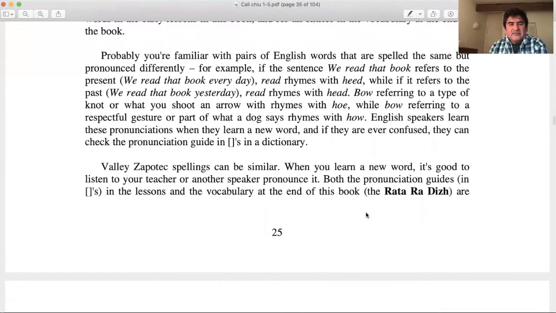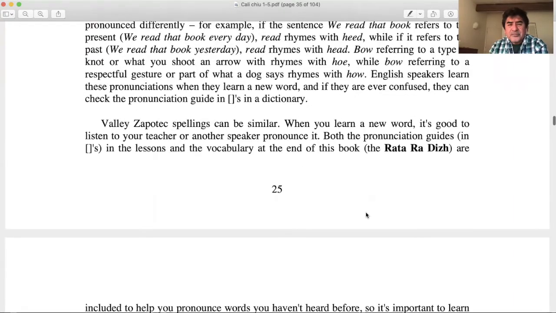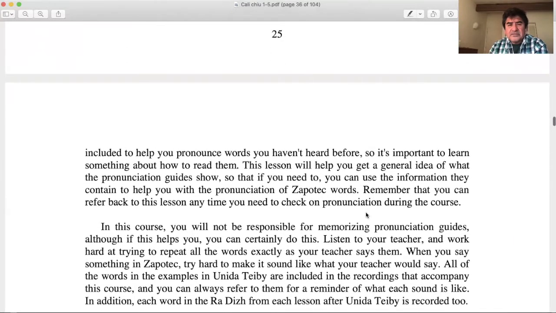So in Valley Zapotec spelling, we can find something similar. When you learn a new word, it is always really good to listen to how the word is pronounced. That's the intention of this chapter: to help you distinguish the sounds for words that are written the same and then pronounced differently.